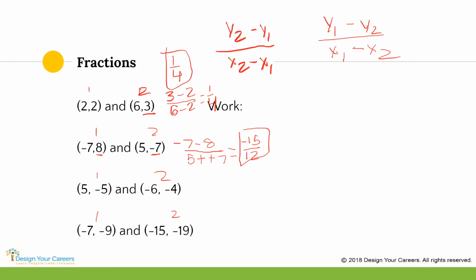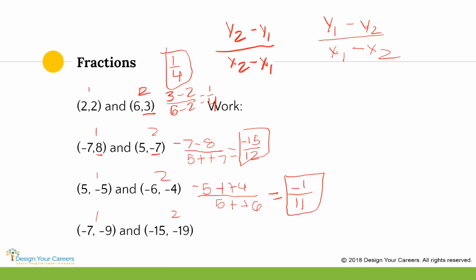So I can use whichever one I want, and I feel like this one's going to work better for this specific question. So I'm going to do -5 minus -4 divided by 5 minus -6. And we know negative is positive, right? So we get -1 divided by 11 as our slope.